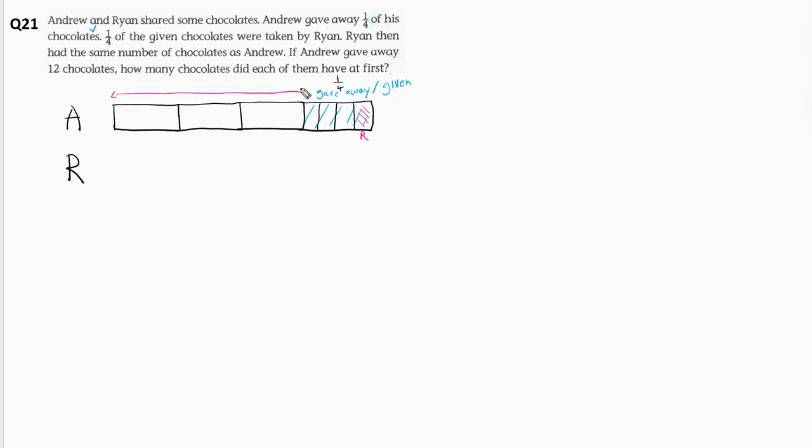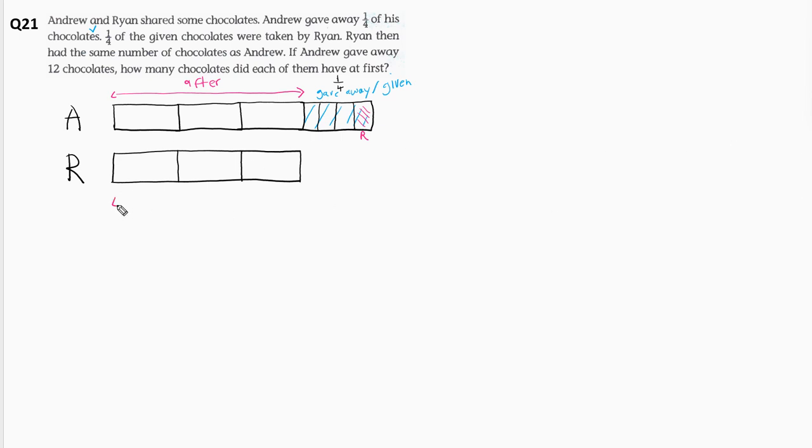After giving away chocolates, this is what Andrew has. And so we need to draw a bar for Ryan, where Ryan has the same. In fact, if he has the same, I'm going to do this as well. So he has the same now, after.